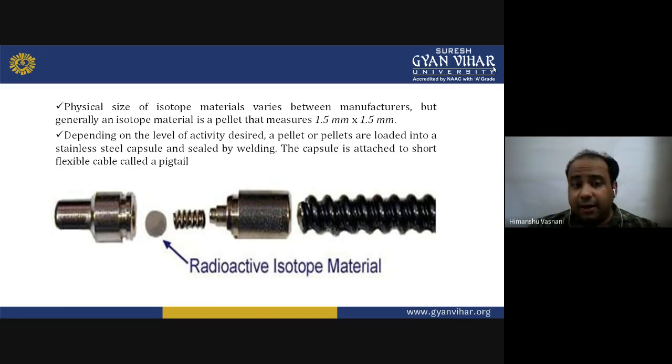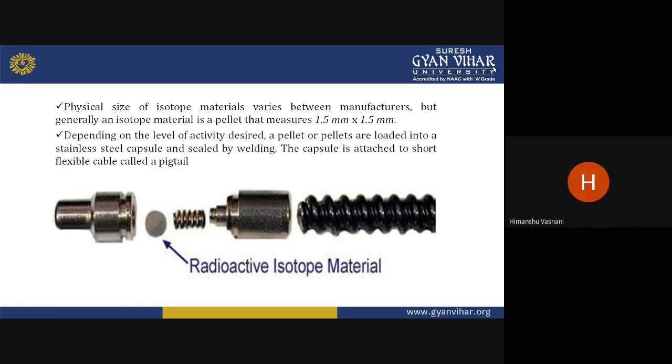Depending on the level of activity desired, a pellet or pellets are loaded into a stainless steel capsule and sealed by welding. This capsule is attached to a short flexible cable called a pigtail.